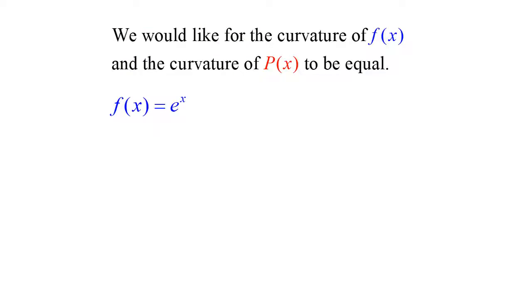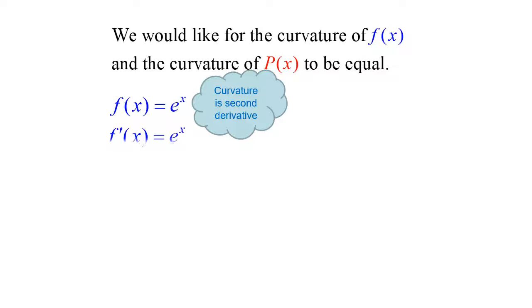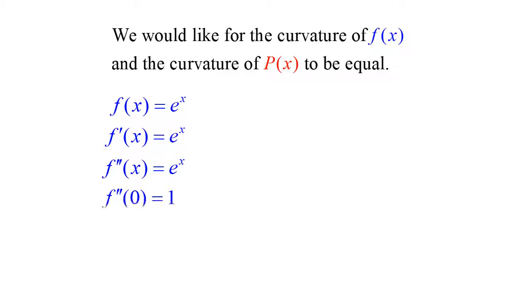Now we'll also want the curvature of our polynomial to be the same as the curvature of the function. The curvature, if you remember from Calculus 1, is the second derivative. And so we want the second derivative of the function at x equals 0 to be the same as the second derivative of our polynomial.